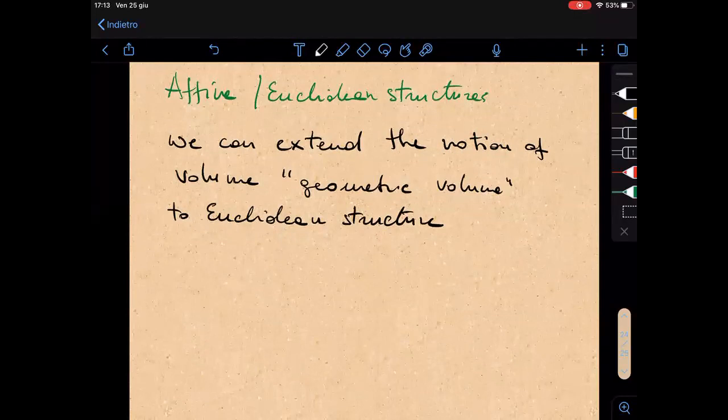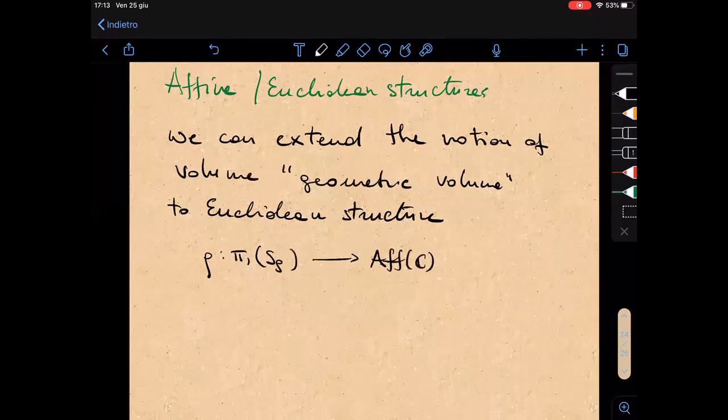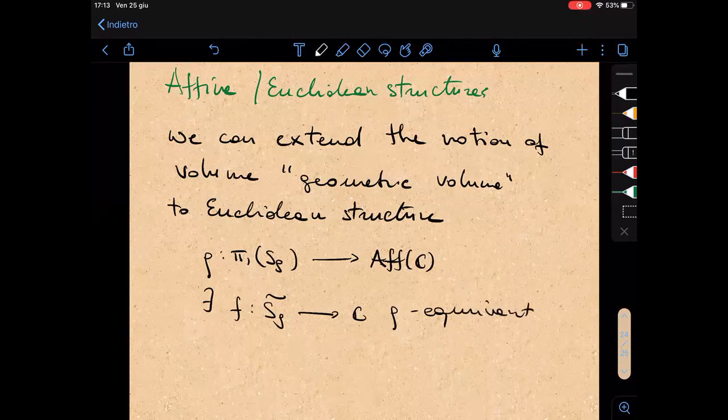And in this case, you are given some representation rho into affine C. Then you can show there is a developing map from S_g tilde to C that is rho-equivariant. This is something one can show.